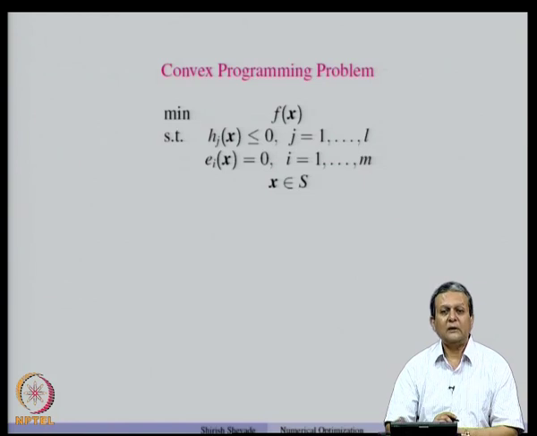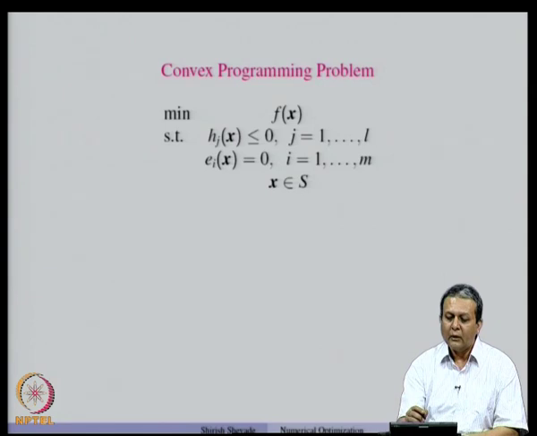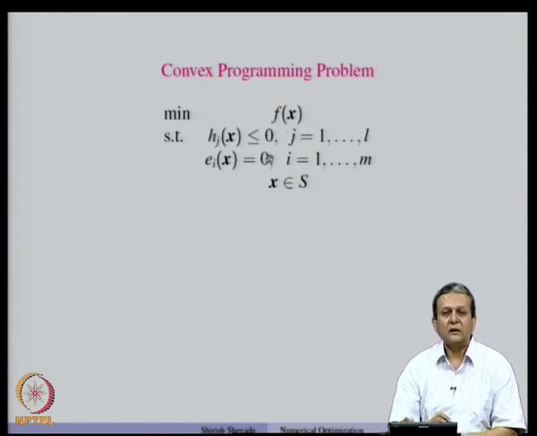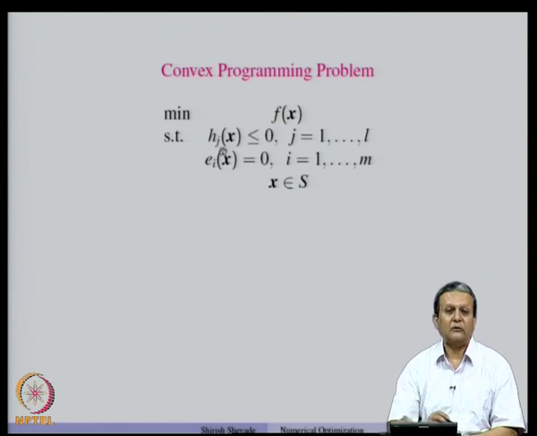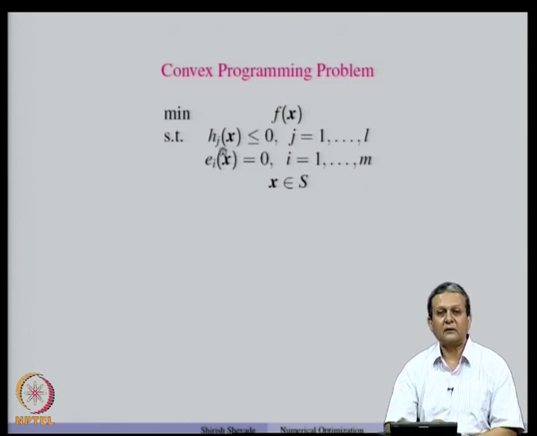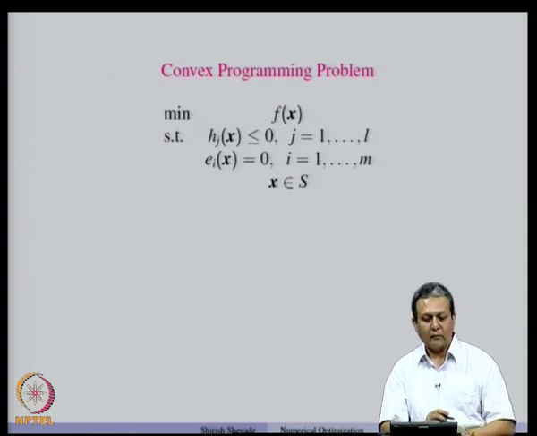Now, a similar result holds in the case of convex programming problem, where we are writing a general constrained optimization problem, but the functions mentioned here, the objective function as well as the constraints, have certain characteristics, and because of which these problems are called convex programming problems.